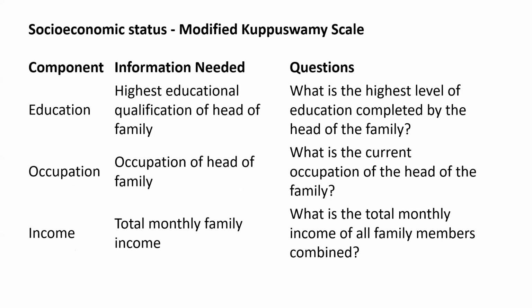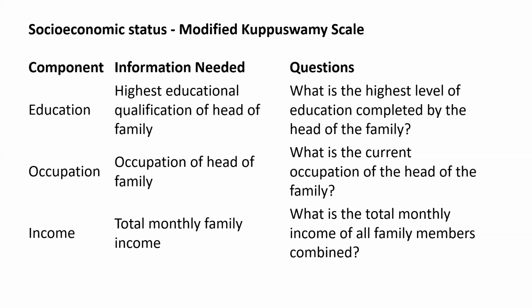So what I mean to say is, supposing you are thinking of a variable, you ask yourself, which variable do I want to use for socioeconomic status? So you say it's the modified Kuppuswamy scale. You cannot directly ask the respondent what is your socioeconomic status according to the modified Kuppuswamy scale.